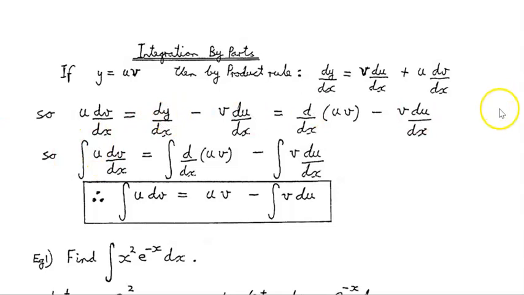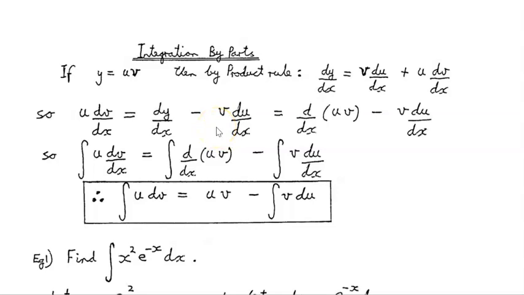So what we can do is rewrite this equation, and put the last term to the front, so we have dy dx minus v du dx.